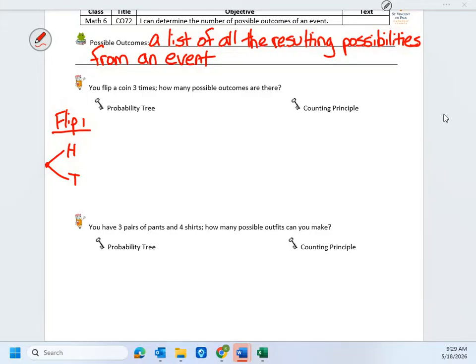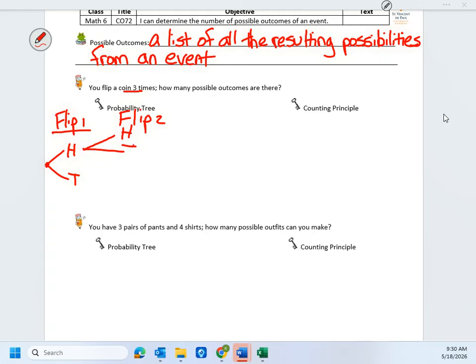Now, we want to flip that coin 3 times. So we have flip 2. If I flipped heads first, what outcomes could I get on my second flip? Michael? Heads. I could get heads. What other outcome could I get? Fernanda? Tails.